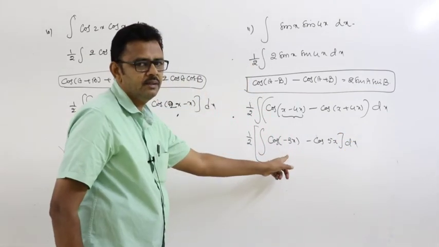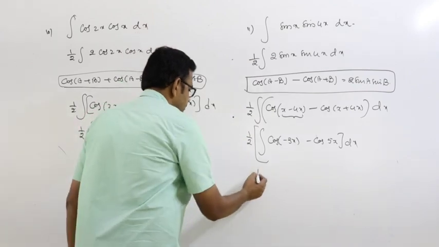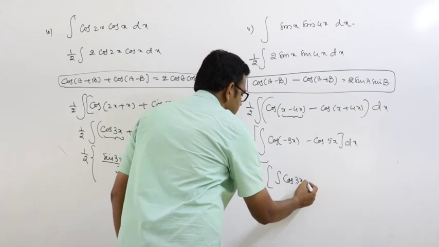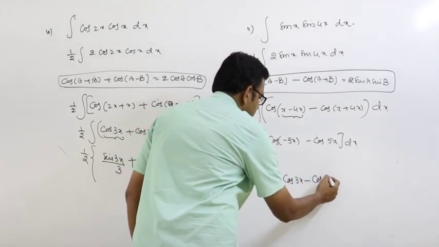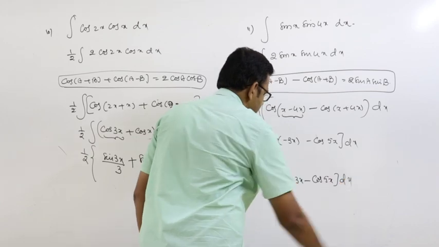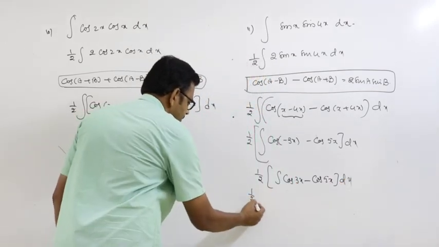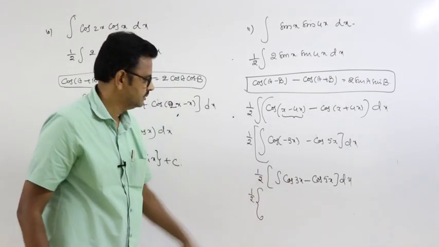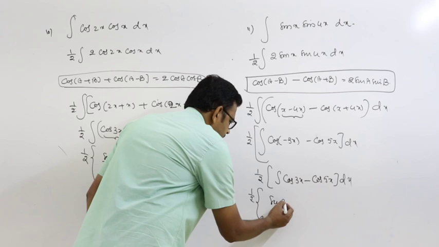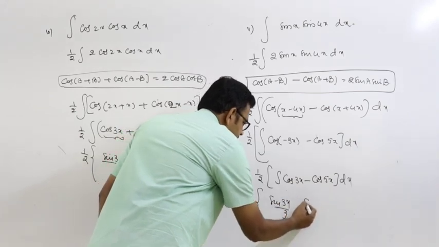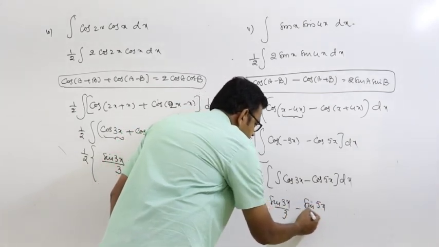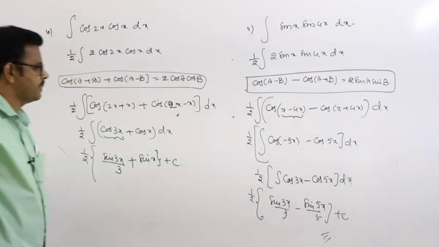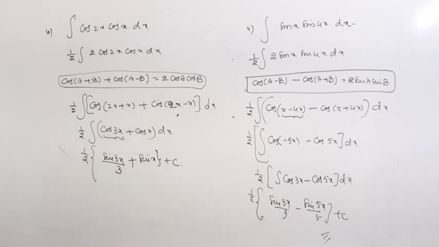Cos of minus theta equal to cos theta. So 1 by 2 integral cos 3x minus cos 5x dx. That is 1 by 2 of integral of cos x is sin x. So this is sin 3x by 3 minus sin 5x by 5 plus c.